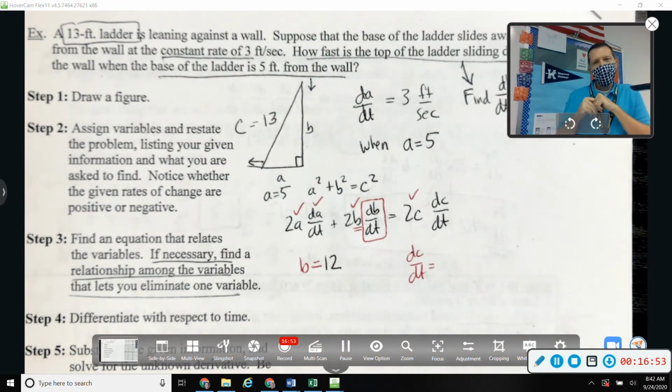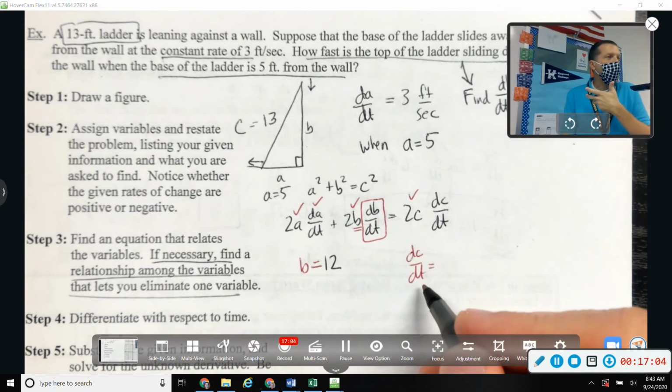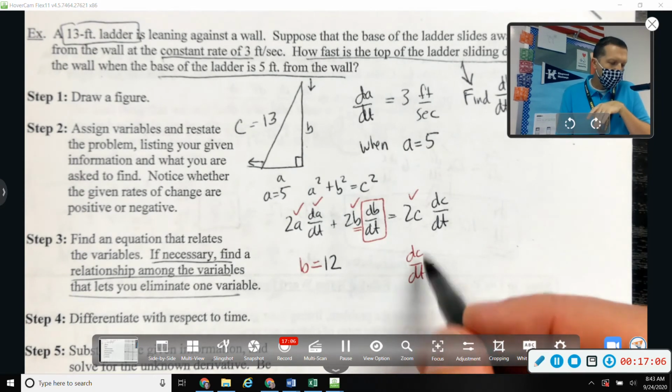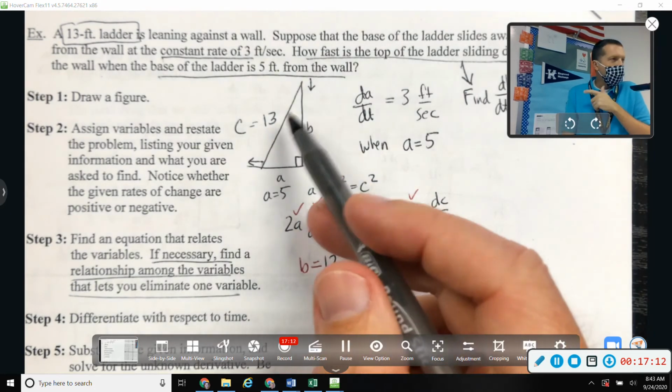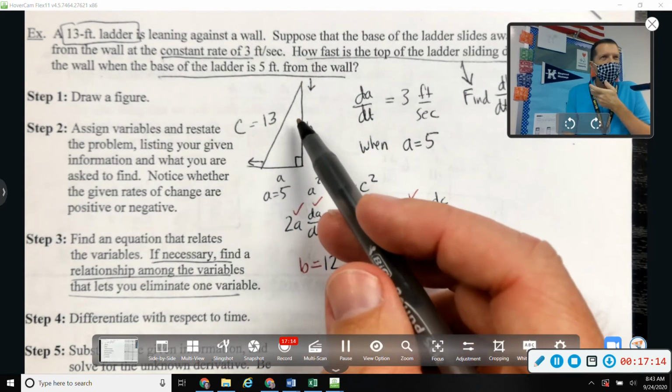The problem does not tell me what dC/dt is. Anybody know what dC/dt is? What does dC/dt represent? Don't tell me what number it is, just tell me what it represents in terms of the problem. The change in the length of C. It doesn't change.